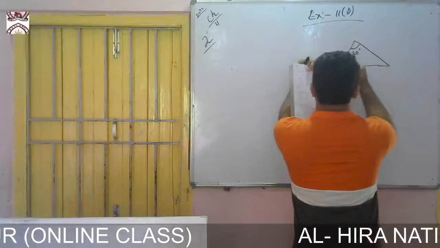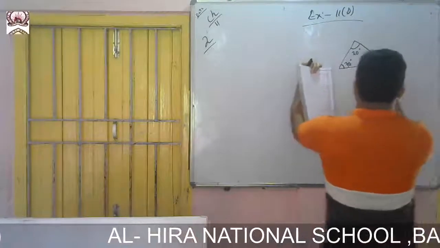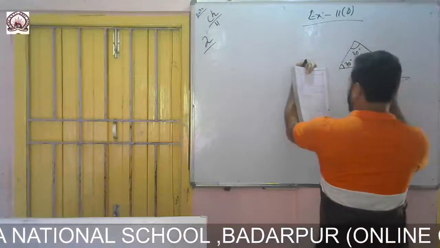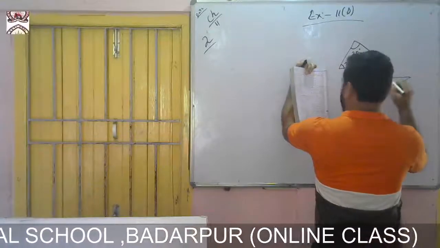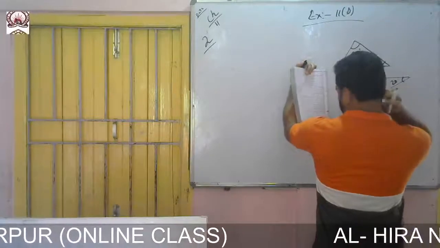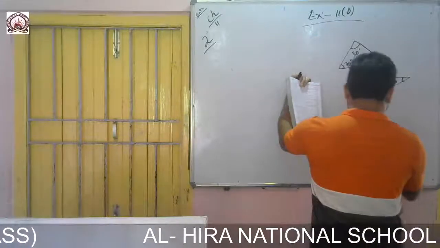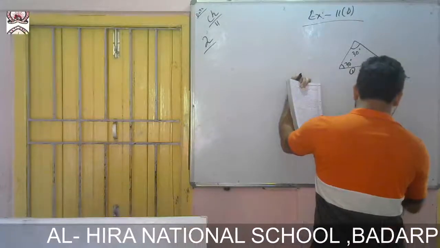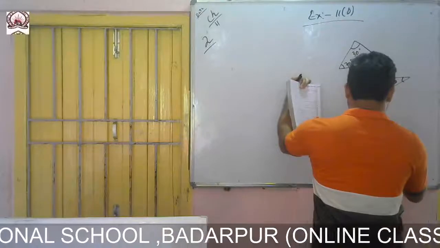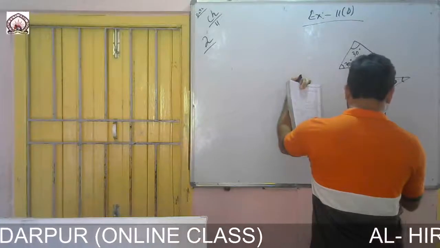30°, 70°, 80°. Okay. Next one: 140°, 20°, 20°. Number 3: 55°, 90°, 35°.